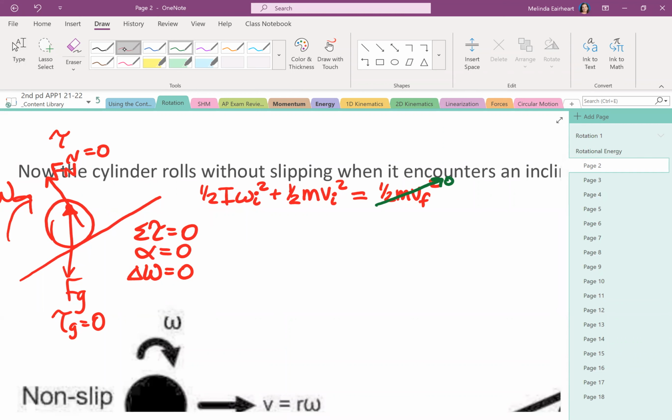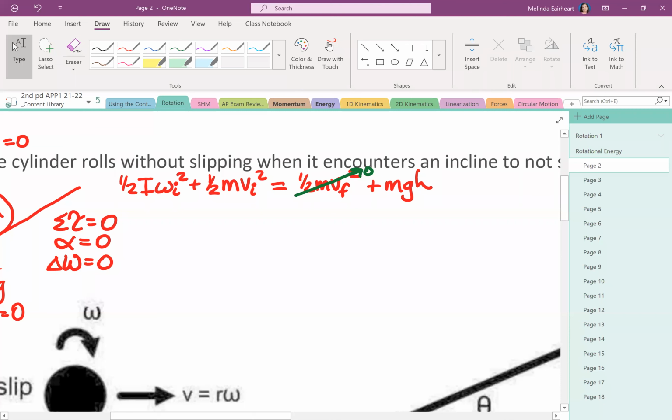And now it has height. And so we have mgh, but there's no changes to the rotation. And so 1/2 I omega final squared, but note to self, these are going to be the same. There's no changes. And so what's the only energy converting?